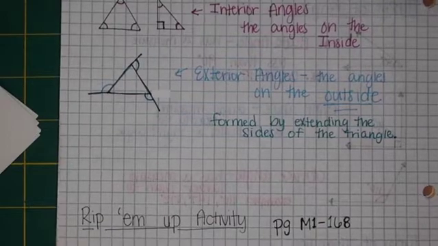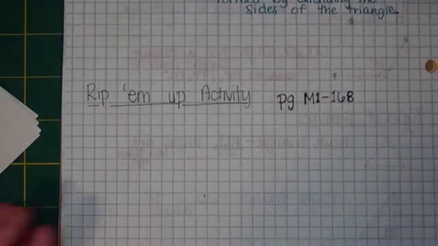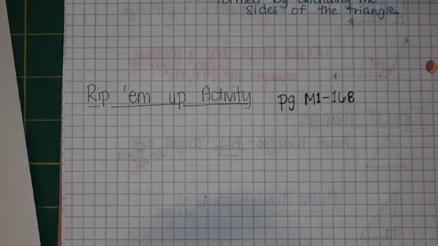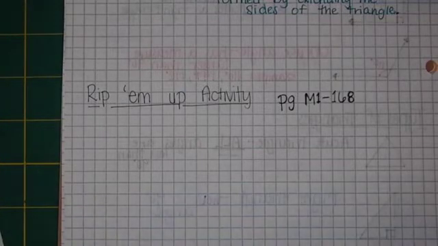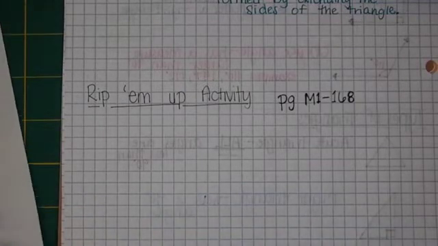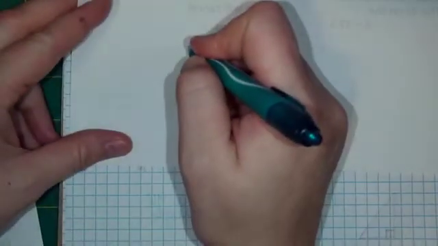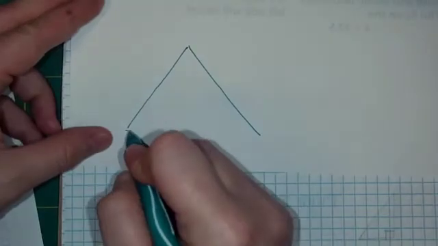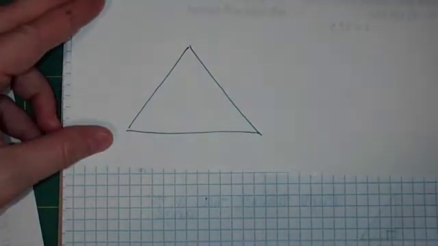Okay, so now I need to get a pair of scissors, and a piece of paper. Let me find a piece of paper. Alright, so what I want you to do is on a piece of paper I want you to draw a triangle. It doesn't matter what type of triangle. You could do an acute triangle, you could do an obtuse triangle.